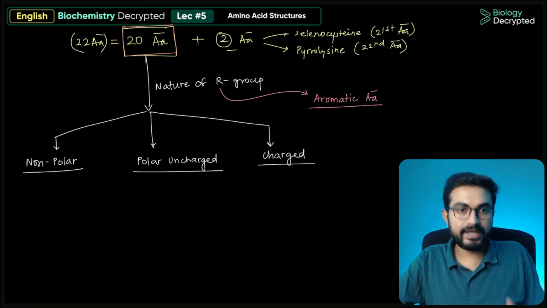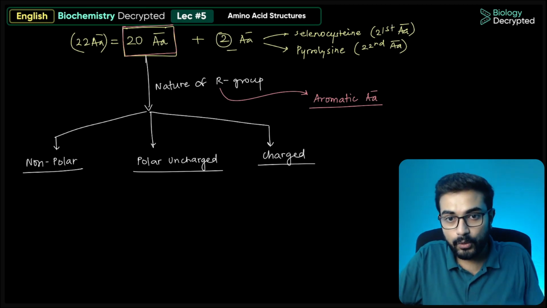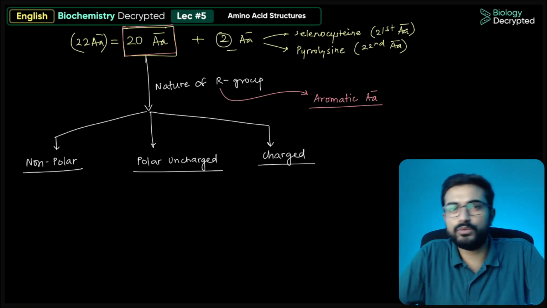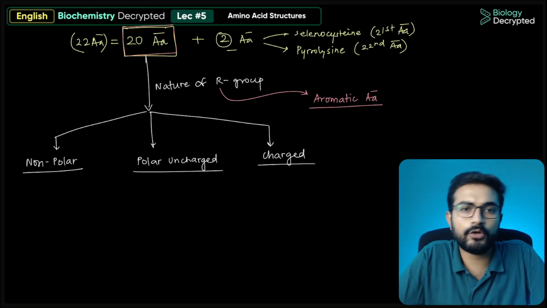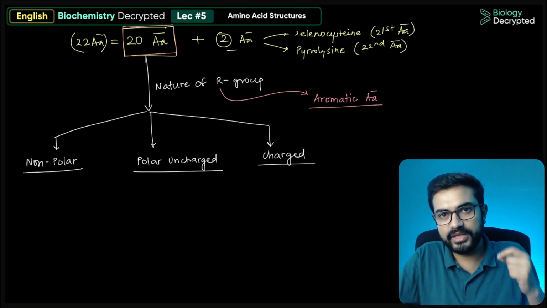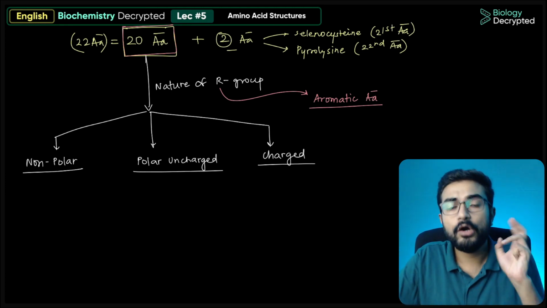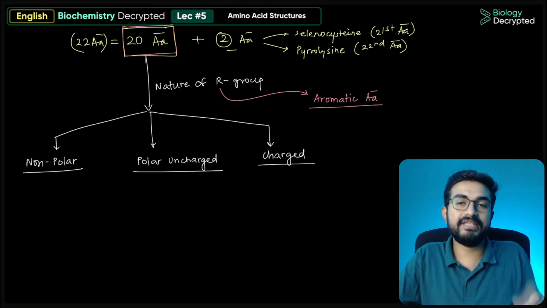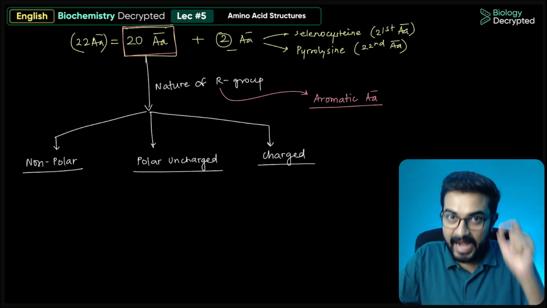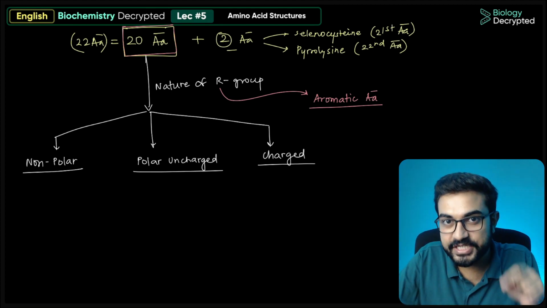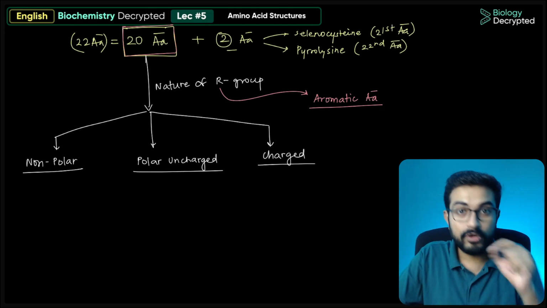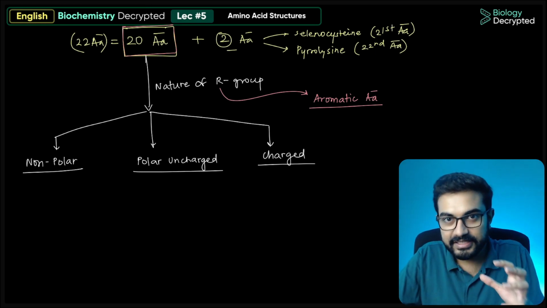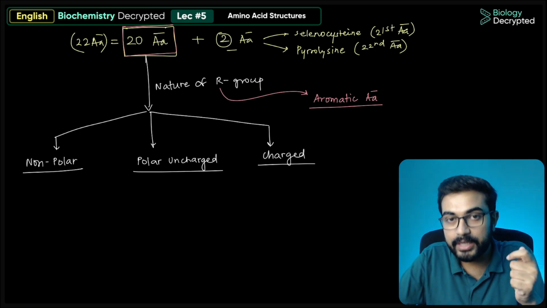Throughout your course of biochemistry and cell biology, whenever we talk about amino acids, I will be denoting them either by their three-letter codes or by their one-letter codes. So it's your responsibility to learn all these three-letter codes and one-letter codes in this particular lecture itself, because it won't be repeated again. You'll have to comprehend all the amino acids just by their one-letter codes or three-letter codes.